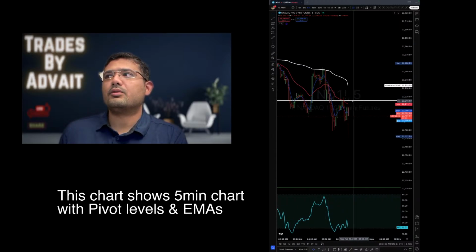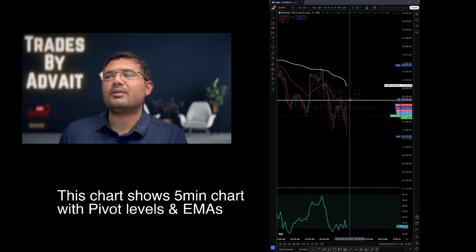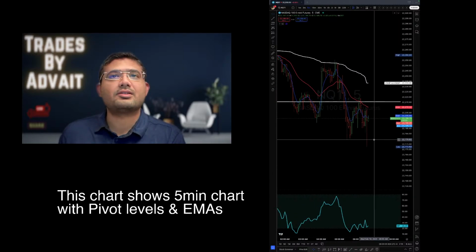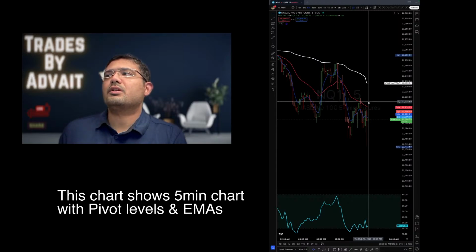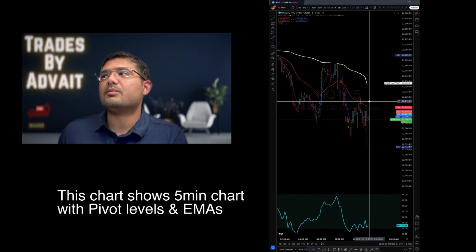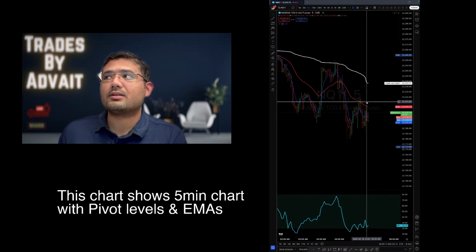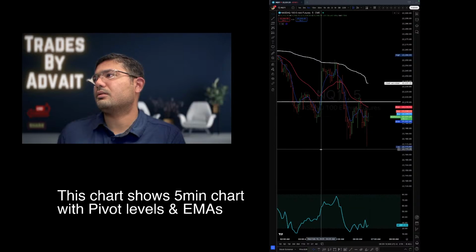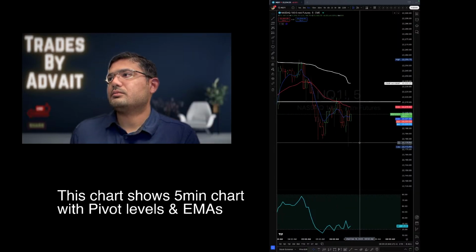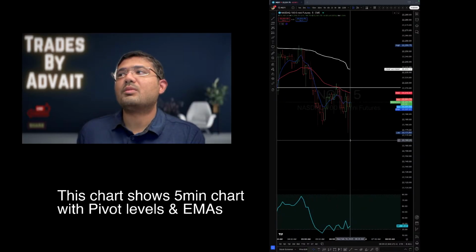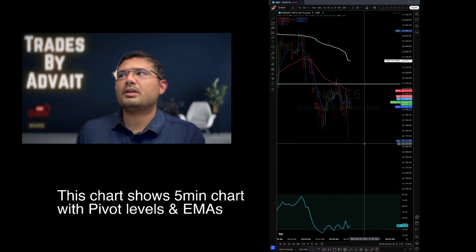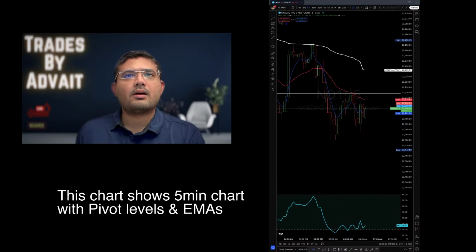If we are below the P0 pivot level, generally that's an indication of bearish, because in order to be bullish, we need to reclaim this 22,200 level. Let's see if we can stay above that.